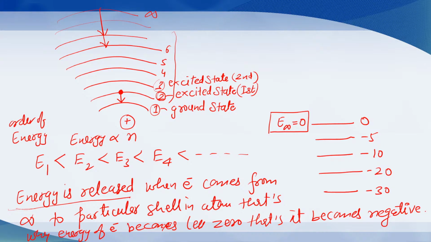Okay. Now come to the part you are asking for. Let us say the electron is in the n2 level and it jumps back to the n1 level. n2 is greater than n1. n2 is the higher level, n1 is the lower level. So what is the energy at the n2 level?